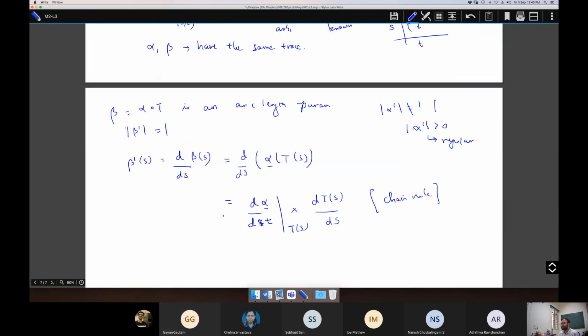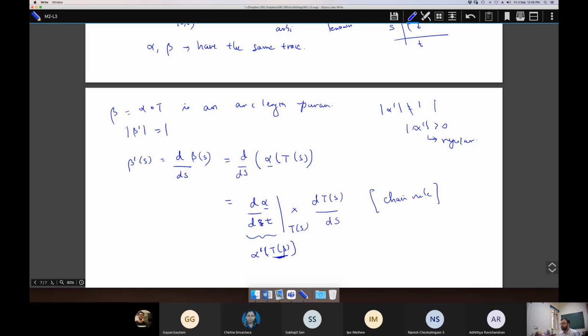Everybody followed what's happening here? So how much is this? Alpha prime of t of s, right? This means you evaluate the derivative of alpha at the point t of s. Remember, anything that alpha eats should be in the t-axis. You can never evaluate alpha prime at s.